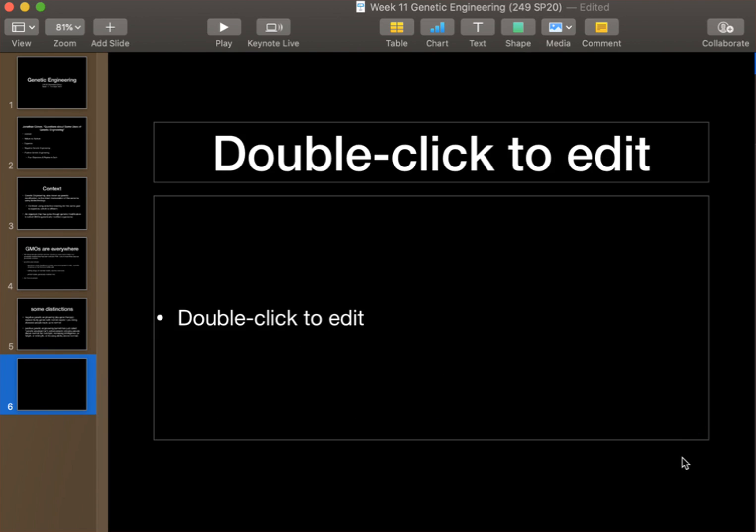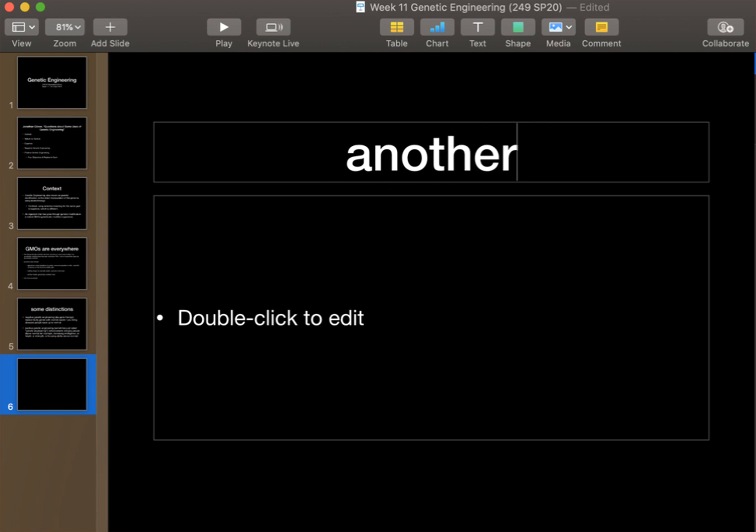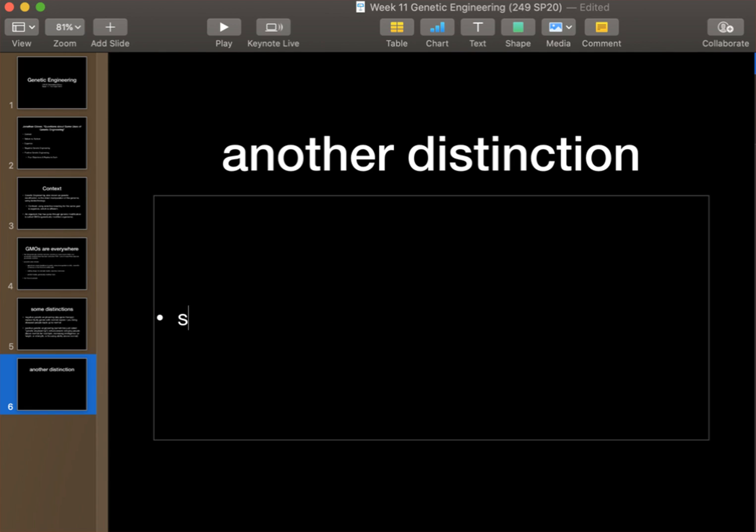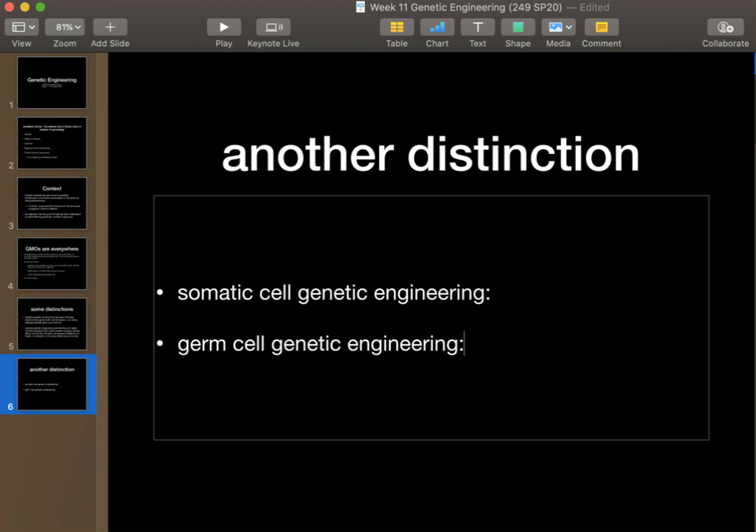Okay, another distinction. Somatic cell versus germline cell, or maybe sometimes this is just called germ cell. Okay, somatic cell genetic engineering, okay, is maybe it's better to describe germ cell first, because then somatic cell is just anything that's not germ cell.